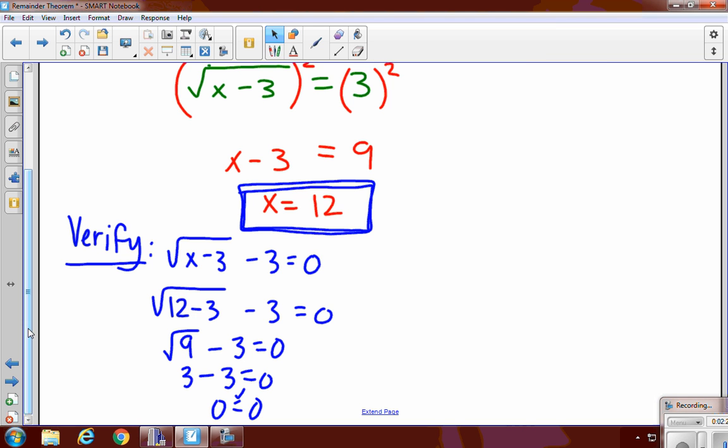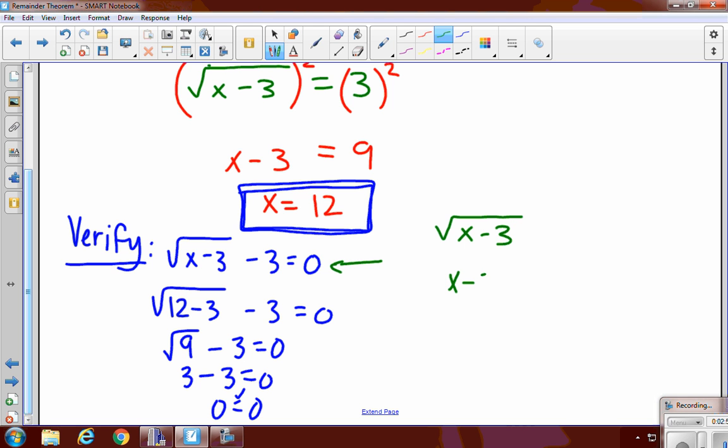The last thing we're supposed to do is look for any restrictions on the radical itself. If I examine my original question, the radicand is x minus 3. There is a restriction since this is a square root: I'm not allowed to have a radicand that is less than 0. So my radicand, x minus 3, has to be greater than or equal to 0.